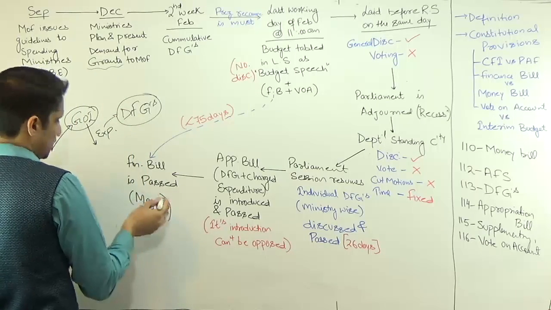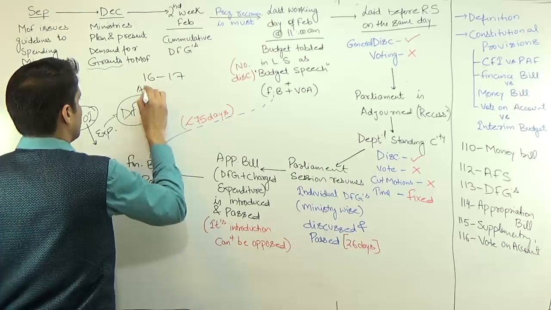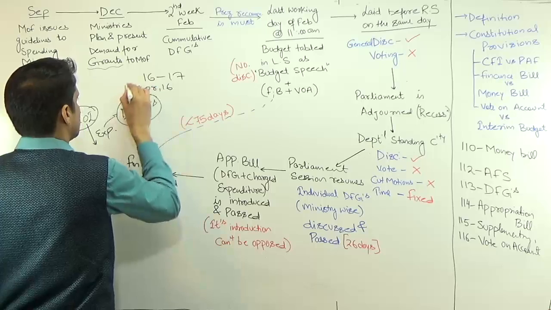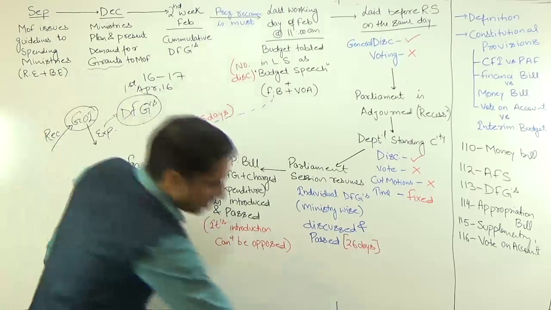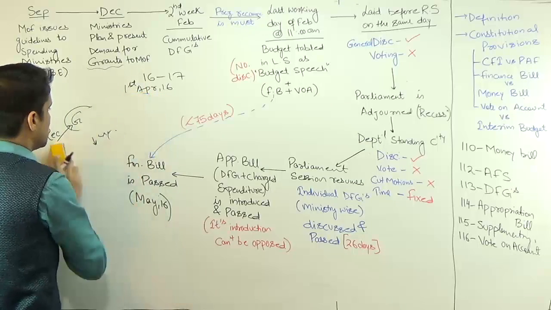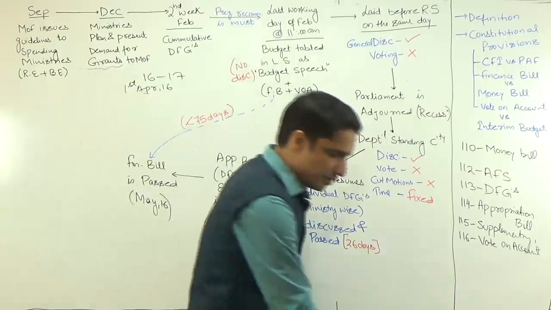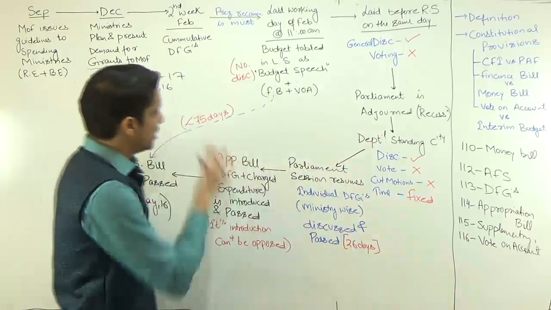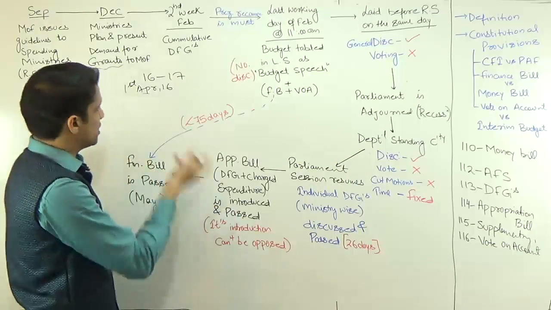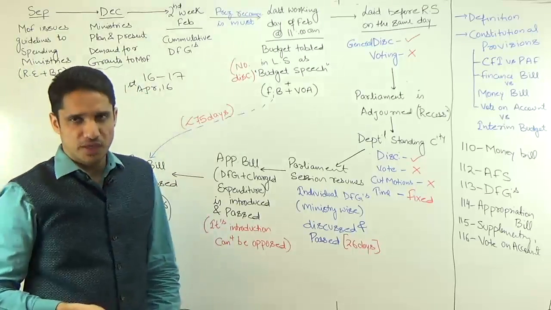But we have already seen that the financial year 16-17 is going to start from 1st April 2016. So from where is the government getting this expenditure? Because just on 1st April 2016, whatever expenditure the government has to do, it should take permission from Parliament. But the budget is not yet passed, and unless and until the budget is passed, you cannot take even 1 rupee out of the Consolidated Fund of India.